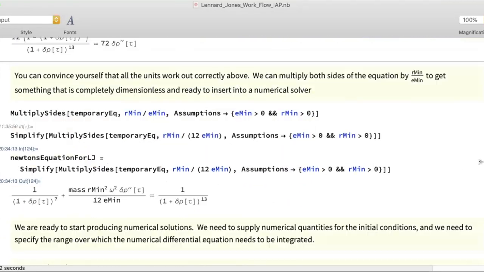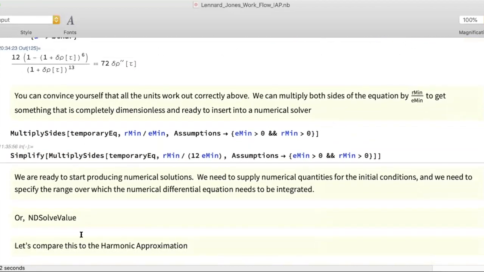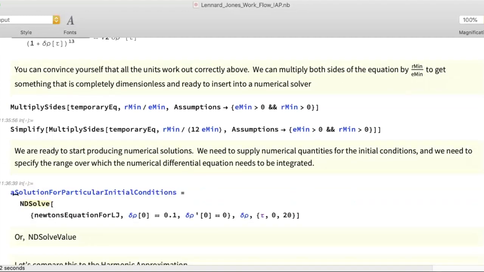Okay. All right. So we're now ready to start solving this equation. And so I'm going to use a numerical solution. I'm now using a form of dsolve, which is going to do everything numerically.